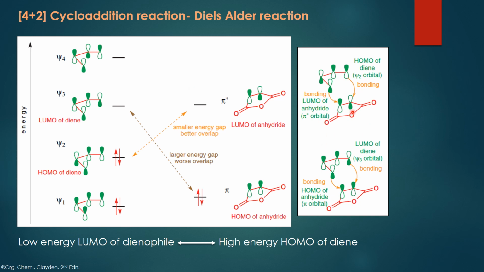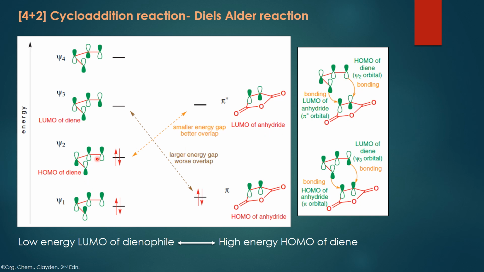But the most preferred chance is this one, that is the HOMO of the diene. The HOMO of the diene interacts with the LUMO of the anhydride. That is the most preferred because there is only a small energy gap between psi2 and pi star.